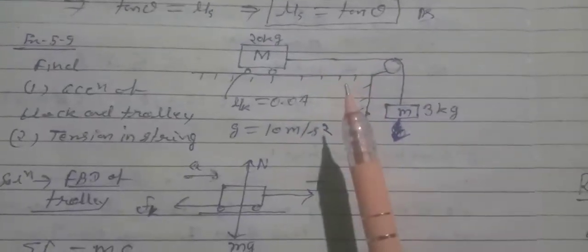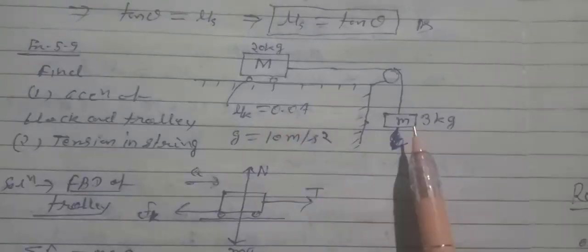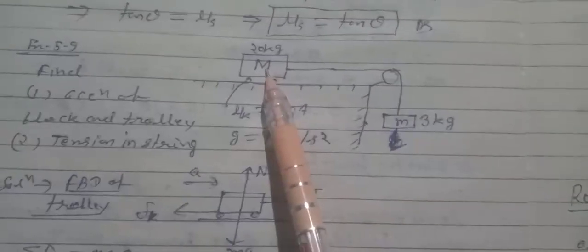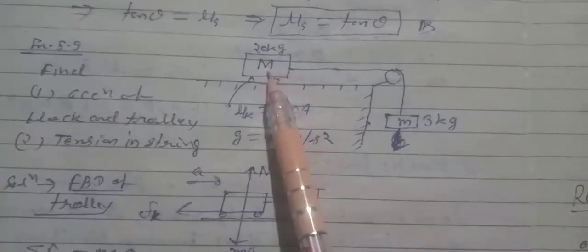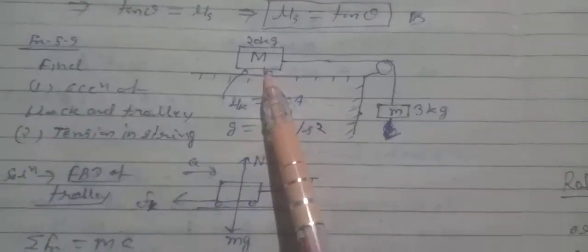So to solve this problem, we draw the FBD of this body and the FBD of this body, and from these we can get equations, and solving these equations we can find the required answer.